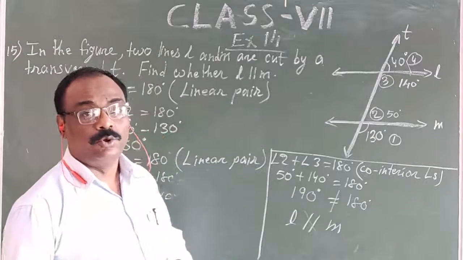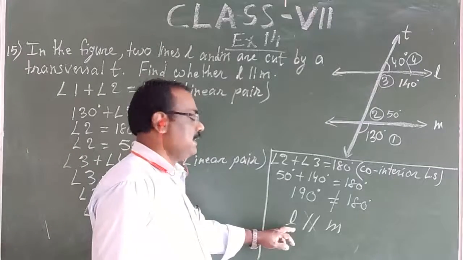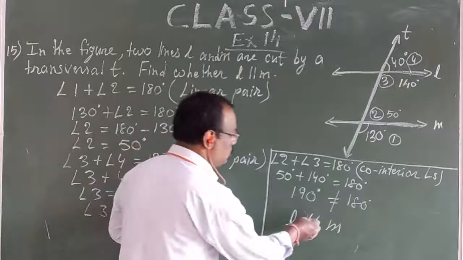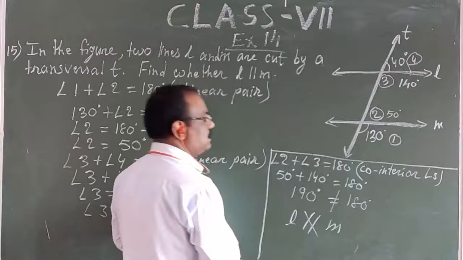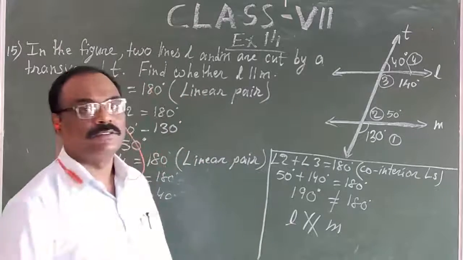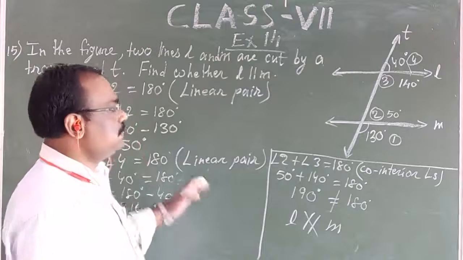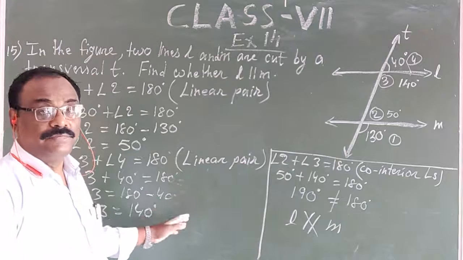So they are not equal, and we have to say that L is not parallel to M. You write the parallel sign and then put a cross like this. It will be read as not parallel. So this is how you can solve question number 15.